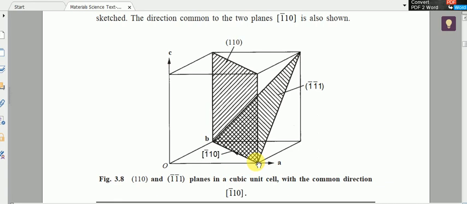Along the A axis it is negative, along the B axis also it is negative, C axis it is positive. So this plane represents bar 1, bar 1, 1. Understood that? We'll try a few more examples of the same.